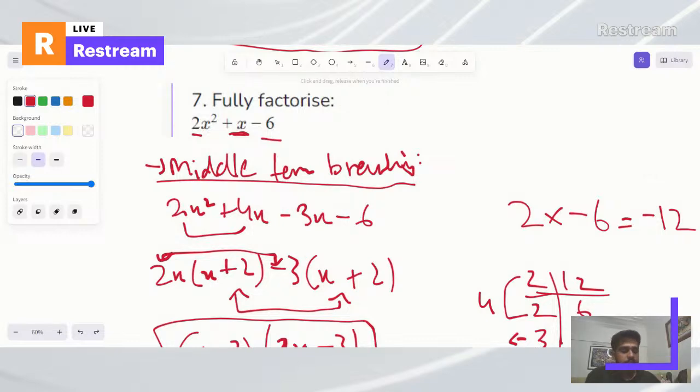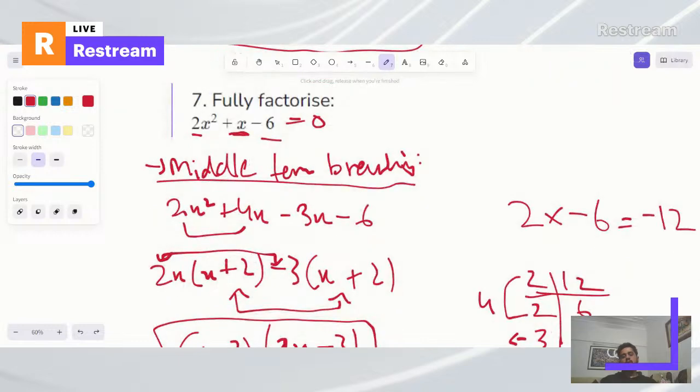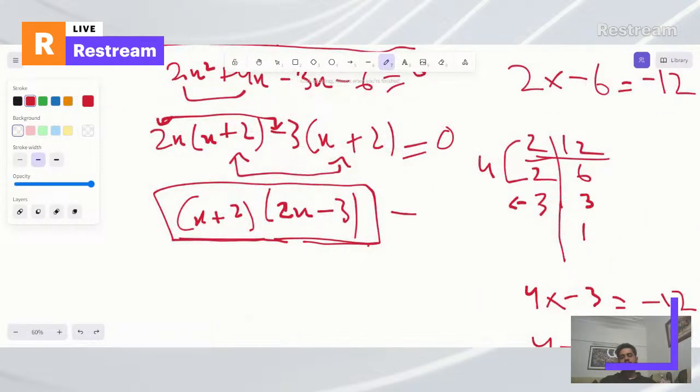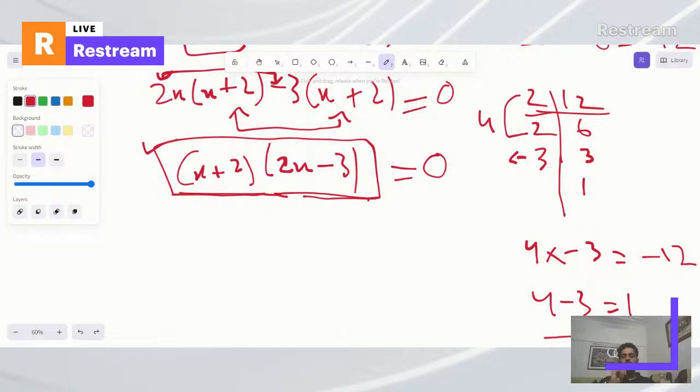Now, if it was not an expression, if it had equals to 0 in this, all of these steps would be exactly the same, except that at each step there would be equals to 0 along with it. So till this step it's going to be exactly the same. It does not matter if it's an expression or an equation. From then onwards, there's only one difference.